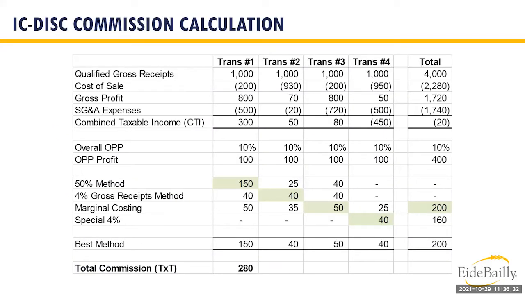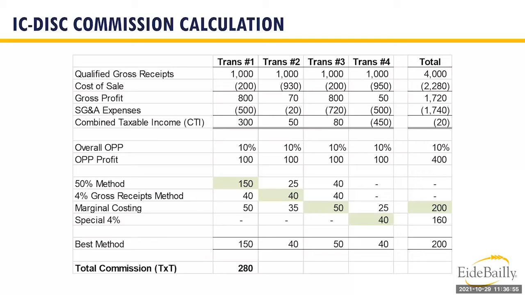So let's look at an example of the calculation. We have 4 transactions here. Each transaction is $1,000, and we'll assume our overall profit percentage is 10%. In the first transaction, we have allocated $200 of cost of sales, $500 of SG&A.